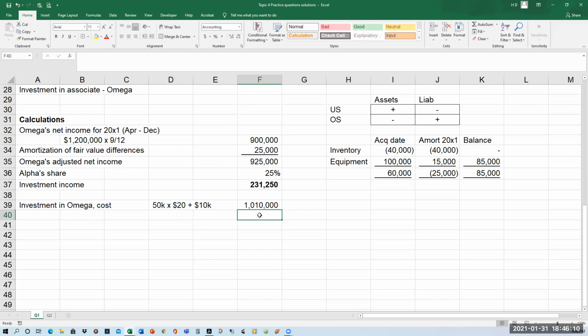We get original cost of the investment, $1,010,000. Okay, transaction costs will be added to the cost of the investment. To this, we will add the investment income, which we just calculated, 231,250, and then subtract the dividend from Omega.